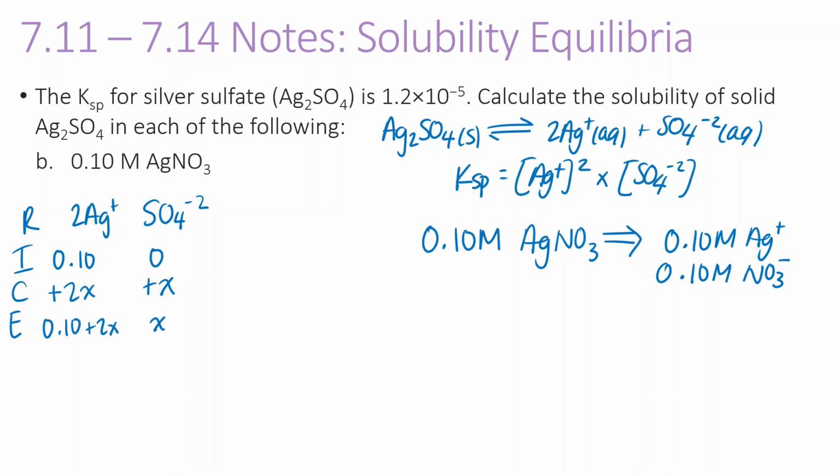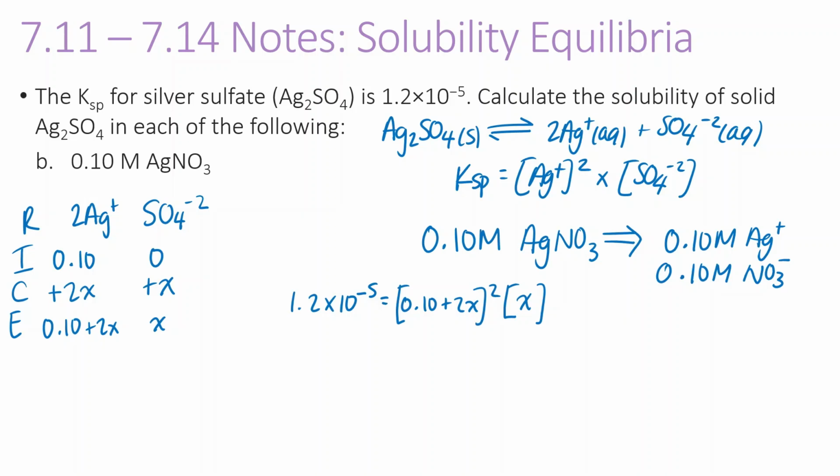So I'm going to go ahead and plug this into my KSP expression. So 1.2 times 10 to the negative 5 is going to be equal to 0.10 plus 2x, and that guy is squared, times x. So this is going to give us a pretty nasty equation to try to deal with here, because we're going to end up with the quadratic equation and we'll have to solve it.